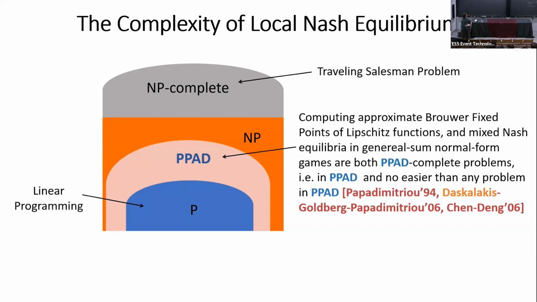In particular, it's a class that characterizes exactly how hard it is to compute Brouwer fixed points. So fixed points of Lipschitz functions, Nash equilibria in multi-agent general sum games, and many other problems in combinatorics or economics or problems related to fixed points.